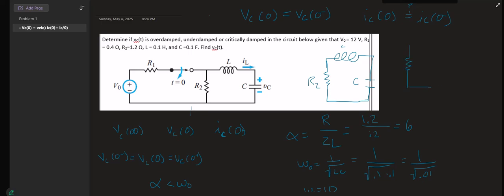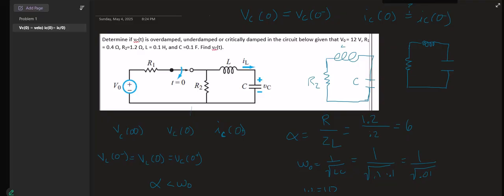Now, at 0 minus, it was definitely 0 because the switch was open.